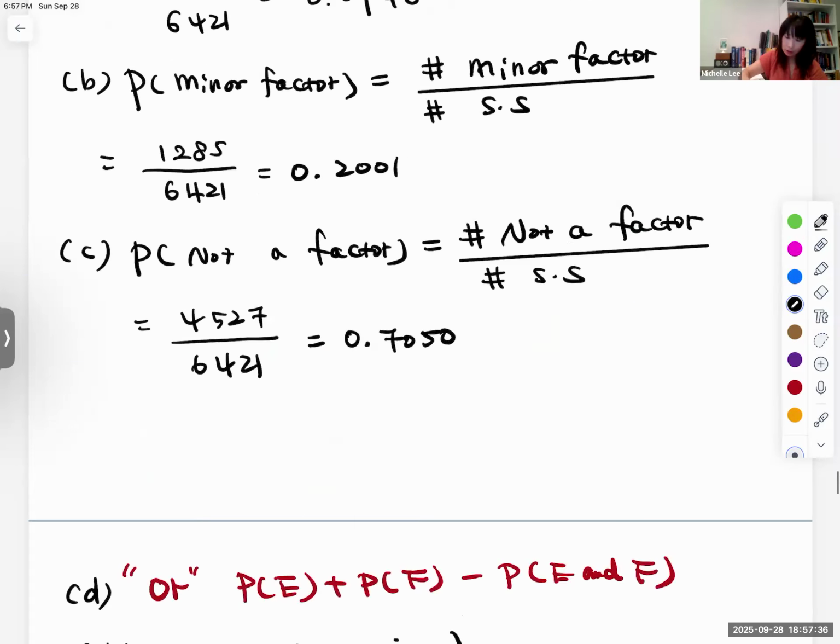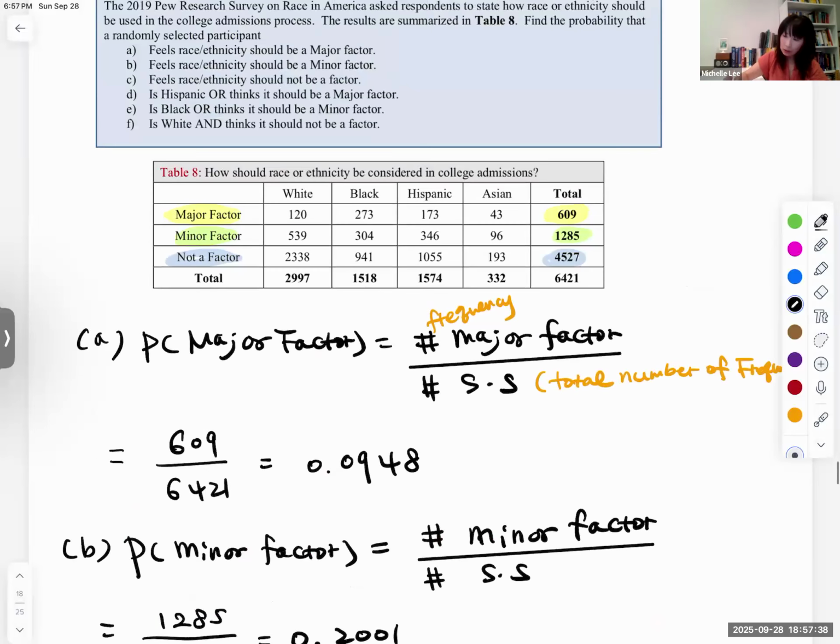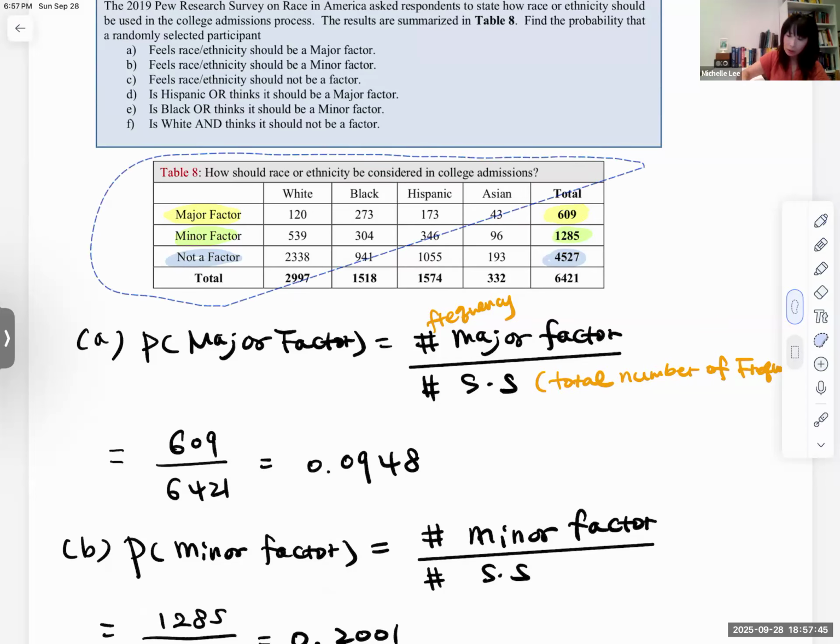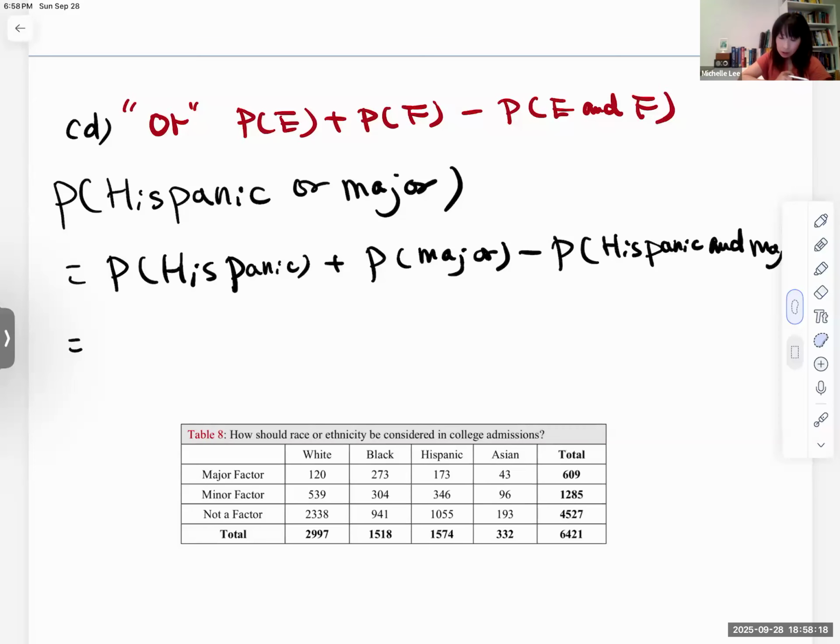Okay, so Hispanic. So how do we read? I want to bring this one. Okay, let me copy new one. Let me pause. Okay, here it is.